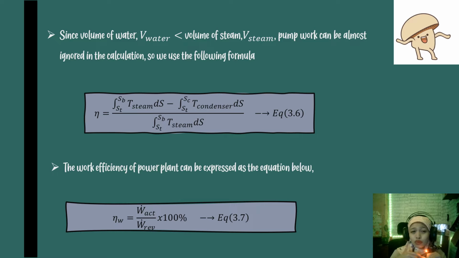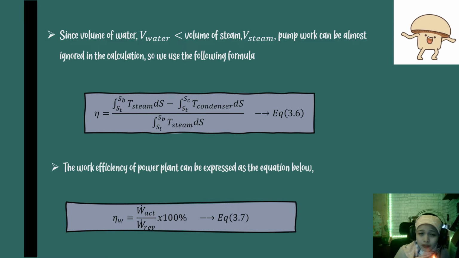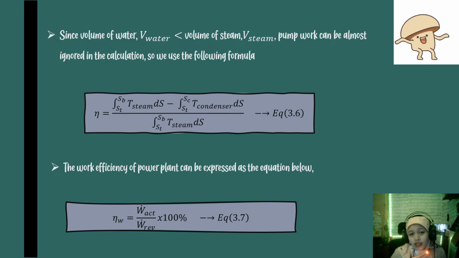And to calculate the efficiency, we use the following formula, which is the integral of T steam minus the integral of T condenser divided by the integral of T steam.